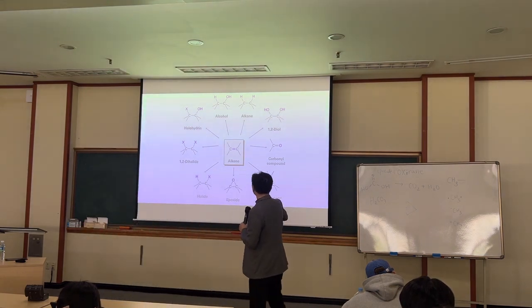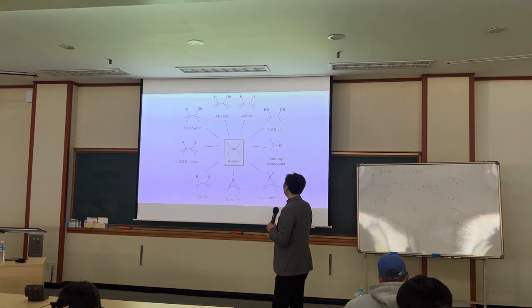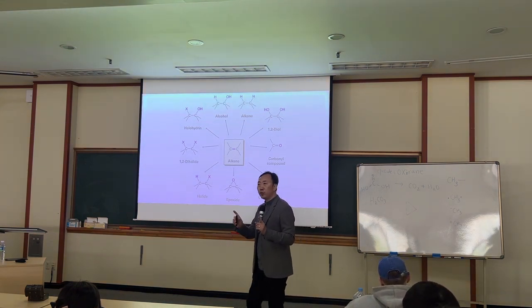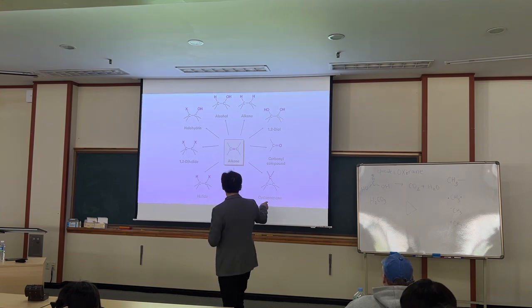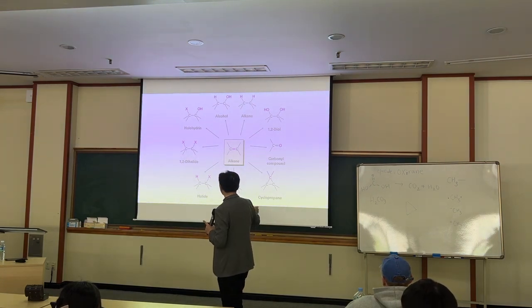Another reagent we learned moves from here to here. From the 1,2-diol, to break it up, what reagent could you use? Periodate. Ozone starts from here and goes directly here.